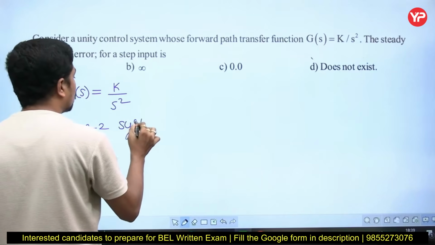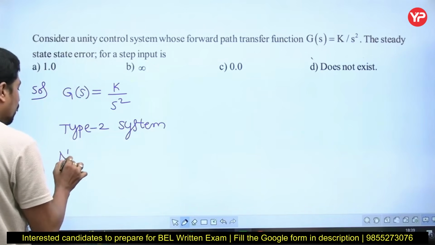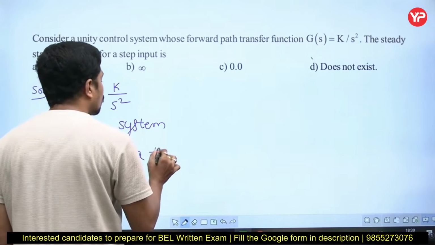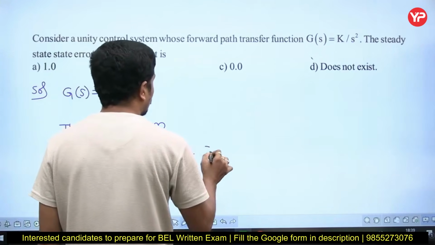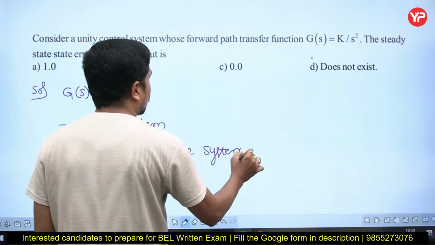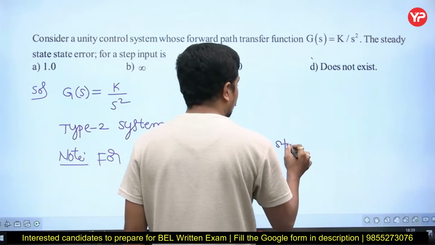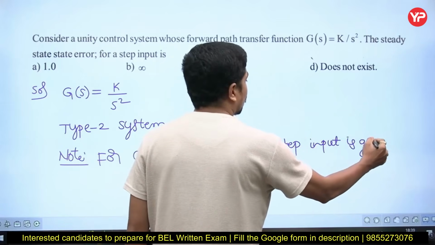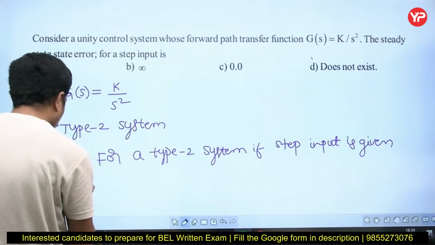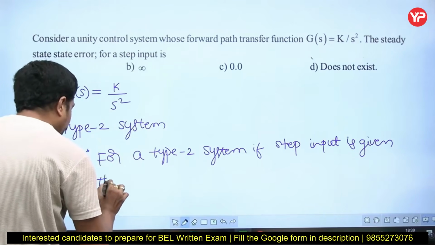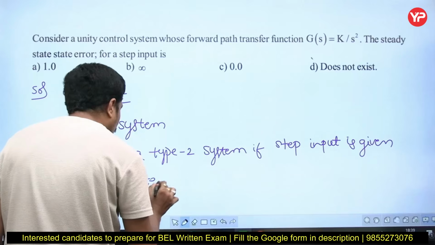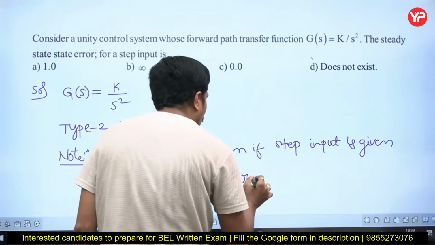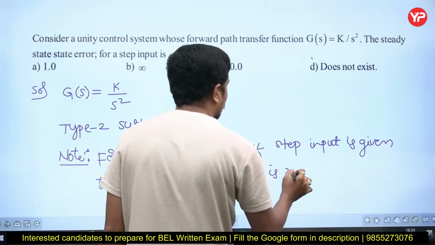For a type 2 system, I am writing a note point here. Remember, for a type 2 system, if step input is given, then steady state error is 0.